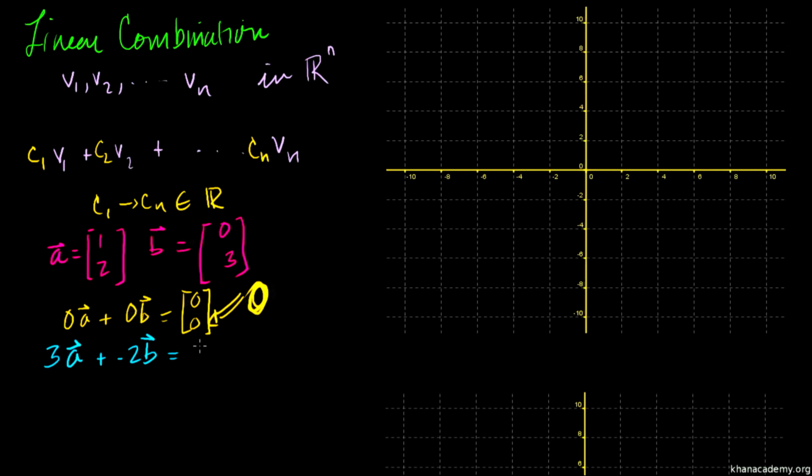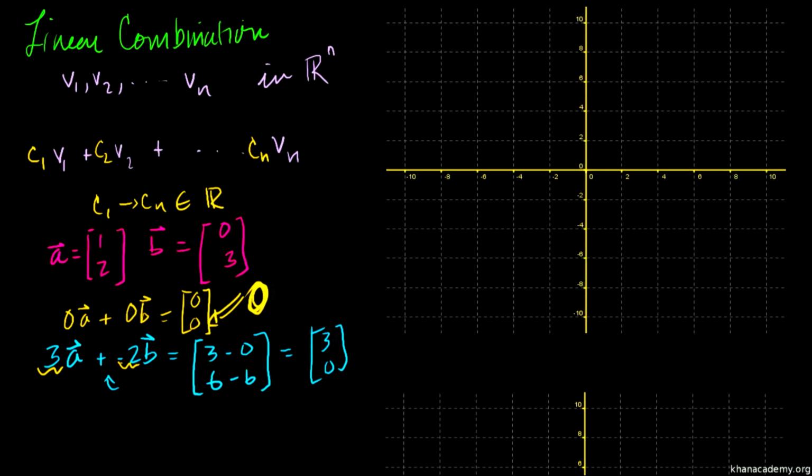It's 3 minus 2 times 0, so minus 0, and 3 times 2 is 6, minus 2 times 3, so minus 6. So it's the vector 3, 0. This is a linear combination of A and B. I could keep putting in random real numbers and get a bunch of different linear combinations of my vectors A and B.